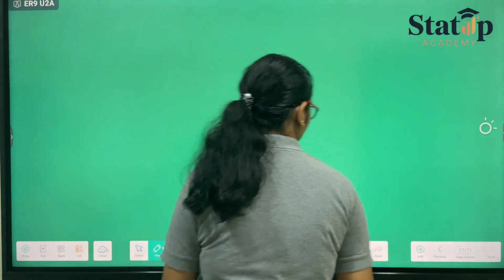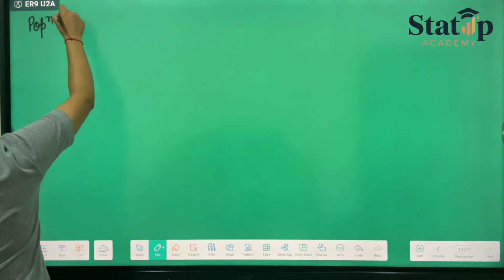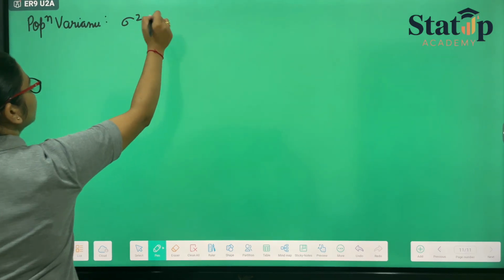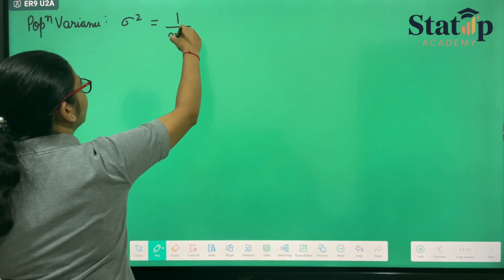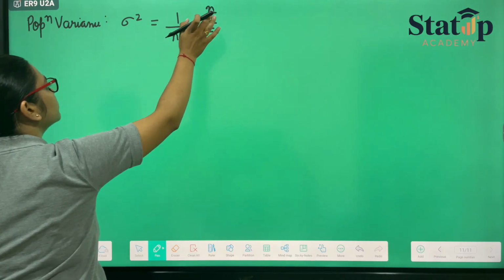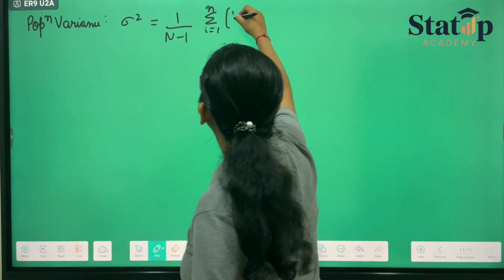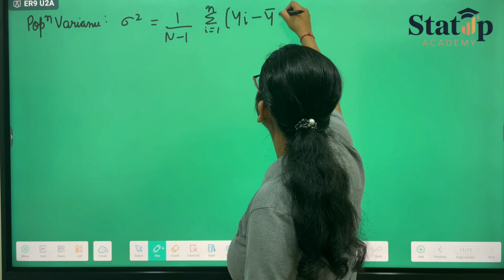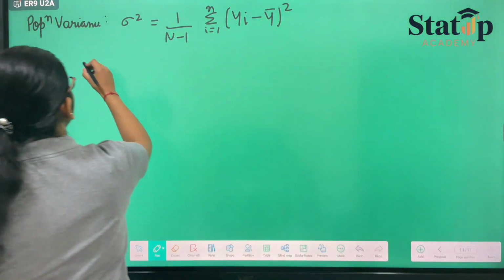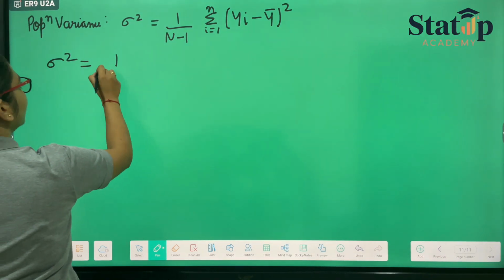Now the next thing that we'll do is we'll calculate population variance, which is sigma square, which is nothing but 1 upon capital N summation i goes from 1 to N, yi minus Y bar whole square. So we will calculate this. Sigma square is equal to 1 upon 5.